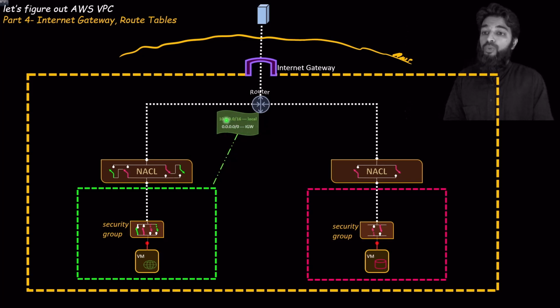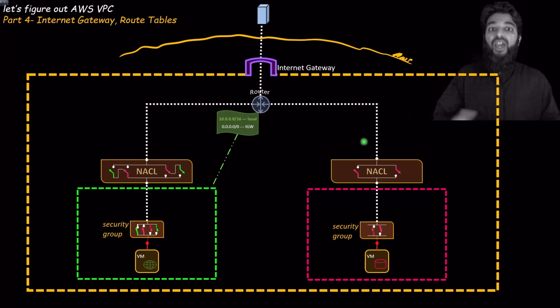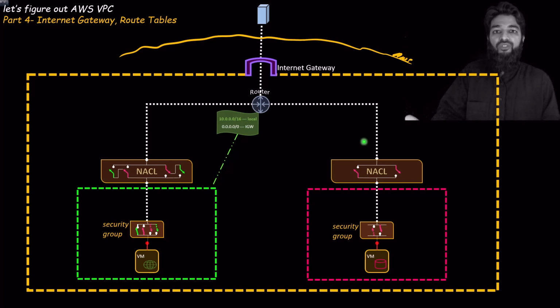What you do is provide one more set of instructions saying that if there is any other traffic which does not fall in this range, then please forward that traffic to the internet gateway. And in this way, the router knows which traffic should be forwarded to servers within the VPC and which traffic should be forwarded to the servers outside the VPC by forwarding that traffic to the internet gateway.